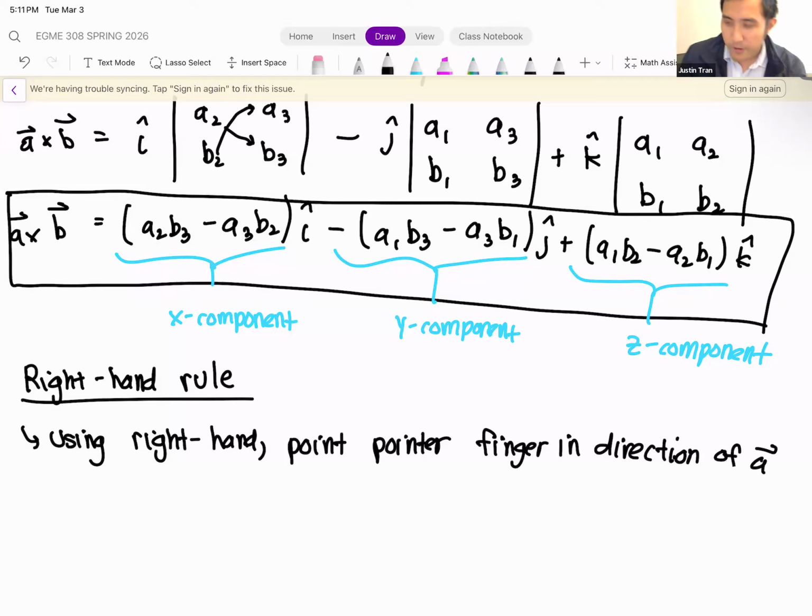I'm going to use this A vector, B vector notation just because we've been using it. The A vector here is just whichever vector comes first in the cross product.